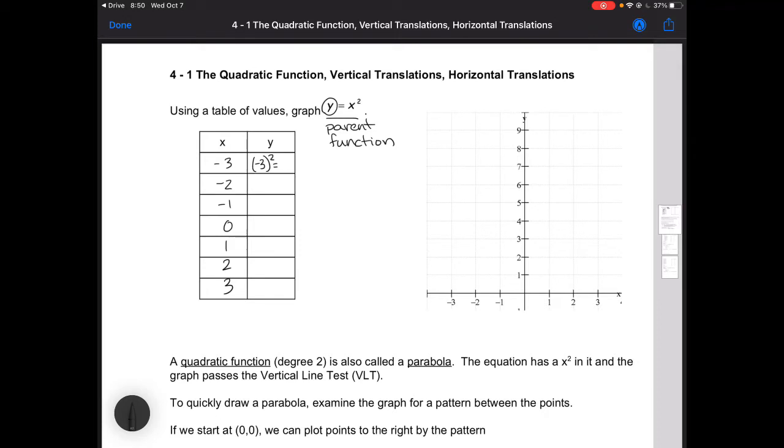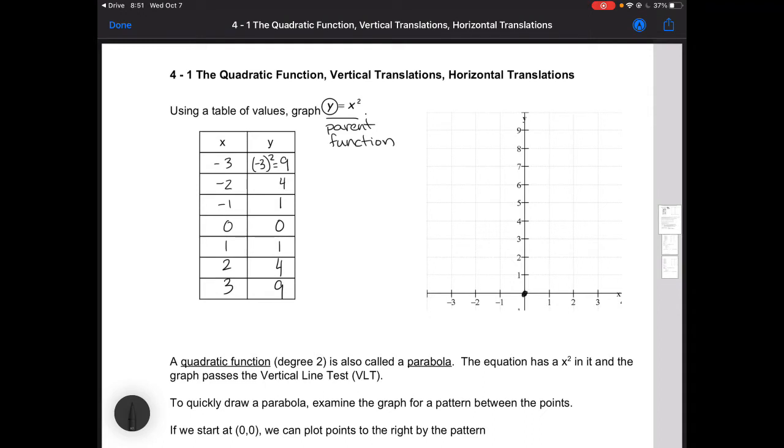So I know that y is equal to x squared. X in my first case is minus 3, so the corresponding y point of that must be minus 3 squared, which is 9. I can continue going all the way down, squaring my x coordinate, and that's going to give me a series of 7 points that I'm now going to plot on my graph.